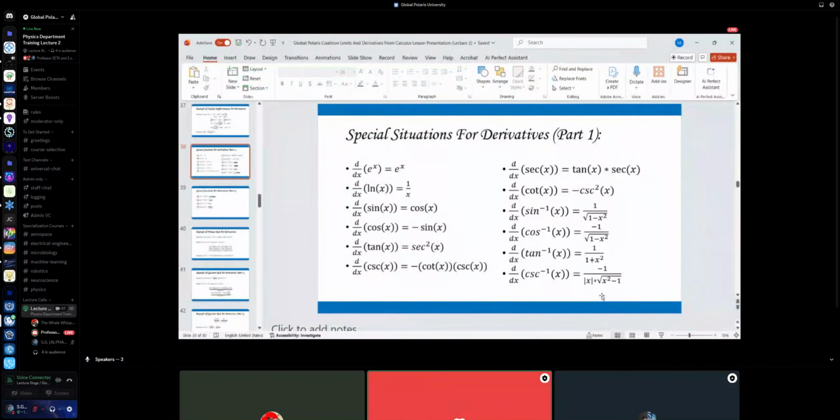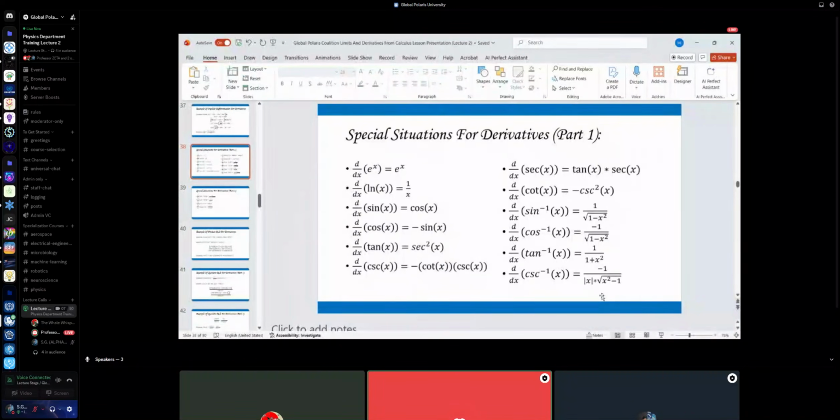Of course calculus is interesting, but you need to make sure that you remember your stuff. The derivative in respect of x of e to the power x is e to the power x. This is a rule: it will always remain e to the power x. But if I told you, what's the derivative of e to the power 2, technically it's zero. What's the difference?